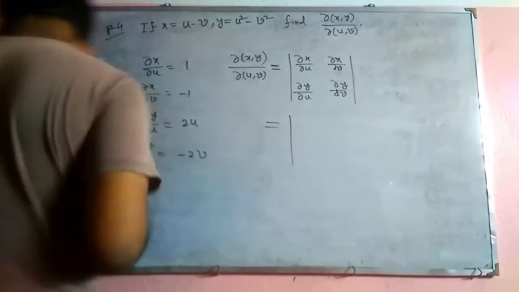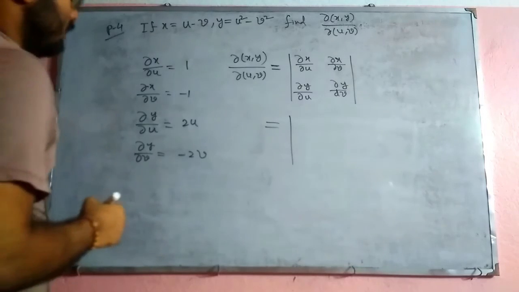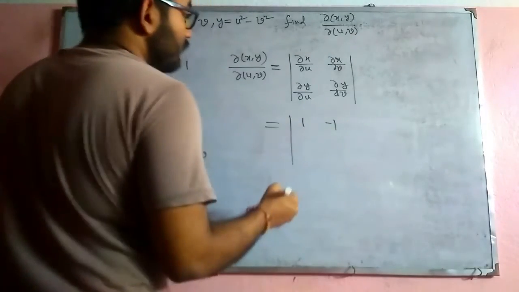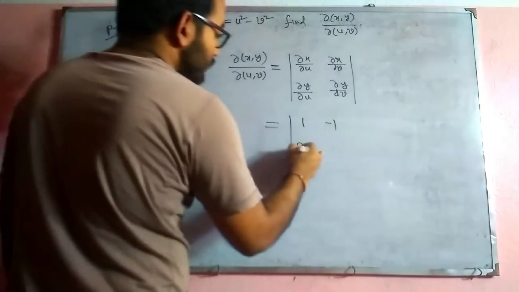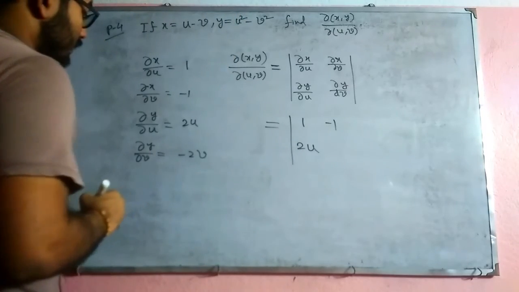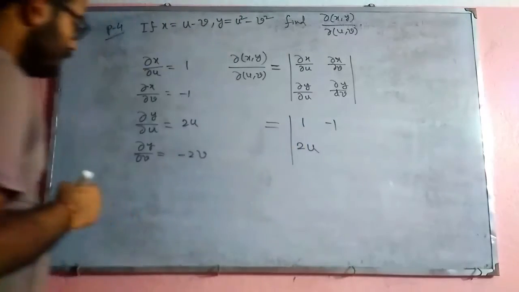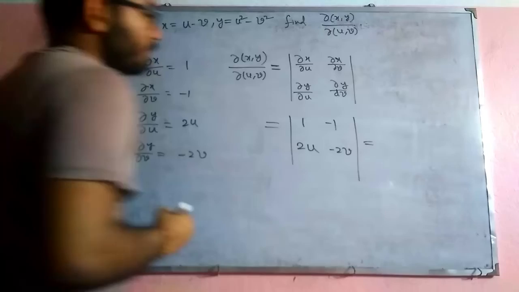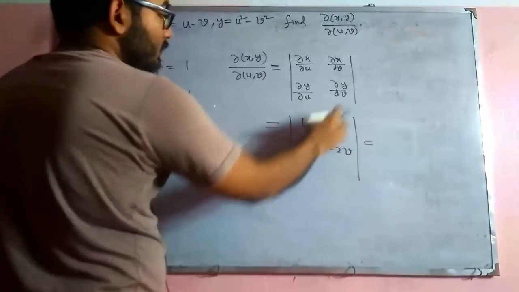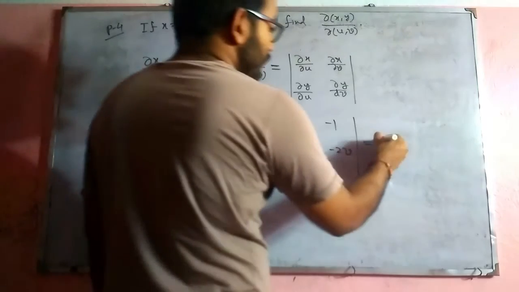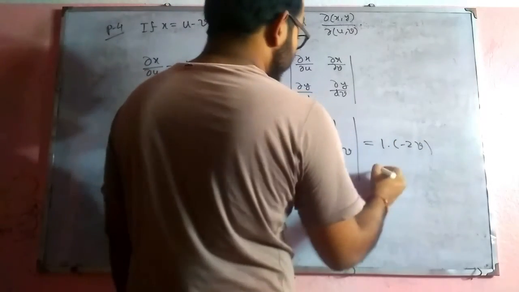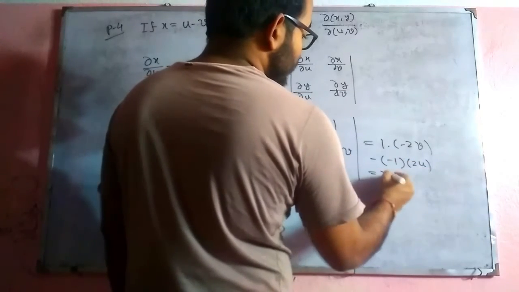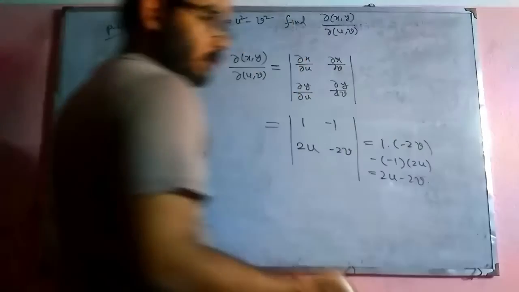Now what is del x del u? 1. What is del x del v? Minus 1. What is del y del u? 2u. And what is del y del v? Minus 2v. It is equal to this minus this. So 1 into minus 2v minus of minus 1 into 2u, which is 2u minus 2v.